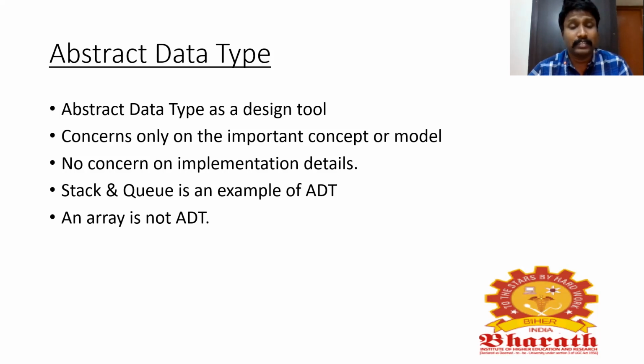But stack and queue are a good example of ADT. They concern only the important concepts or models, not the implementation details. Stack and queue are examples of ADT, and array is not an ADT.